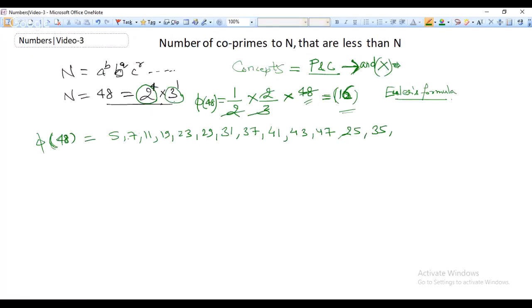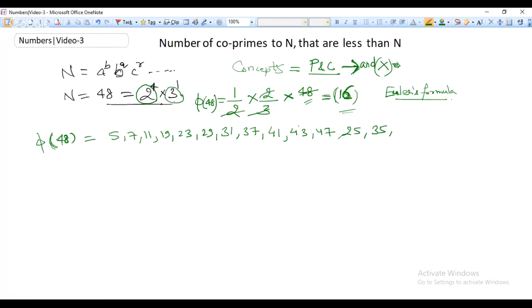Let's look at the numbers which are the multiples of 7. 7 into 3 won't come, 7 into 4 won't come, 7 into 5 we have taken here, 7 into 6 won't come, 7 into 7, 49. So what are we getting? We are missing some numbers.